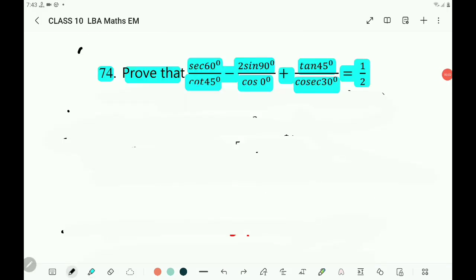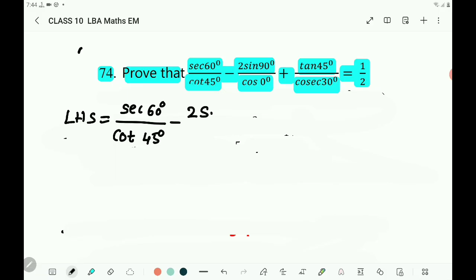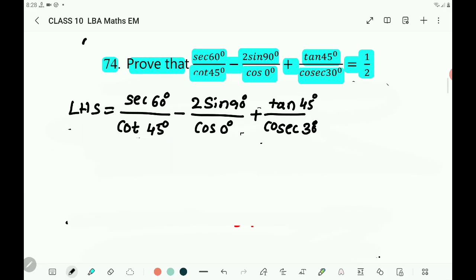Then you write LHS equals secant 60 degree by cot 45 degree minus 2 sin 90 degree by cos 0 degree plus tan 45 degree by cosec 30 degree.